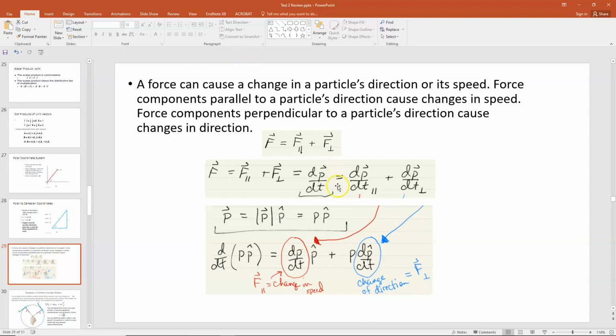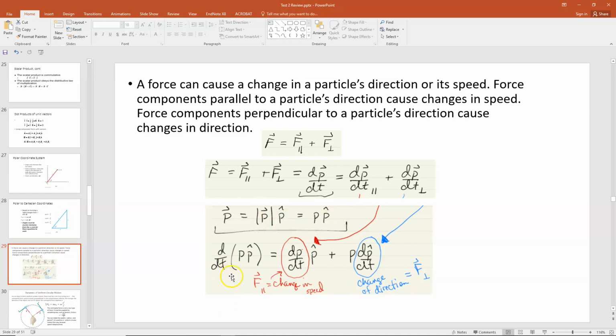Now, if you write that in Newton's second law as dp/dt, then that means you'll have a dp/dt parallel and a dp/dt perp. You can write p, or any vector really, as the magnitude of the vector times the unit vector that points in that direction, so p hat.